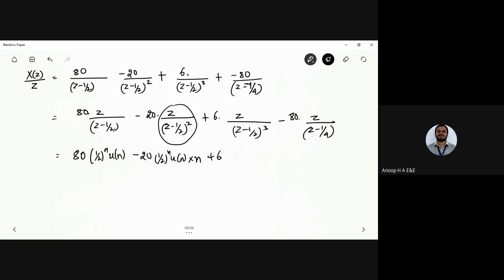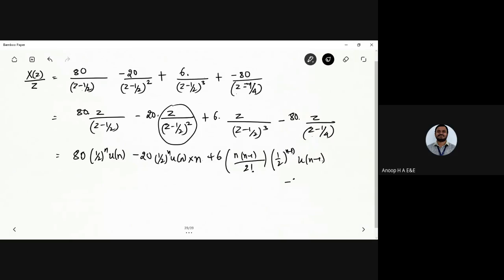In the same way you are going to have plus 6, so you'll be having n into n minus 1 divided by 2 factorial, so you'll be having 1 by 2 power n minus 1, so you are going to have it over there as u of n minus 1, minus 80 into 1 by 4 power n u of n.